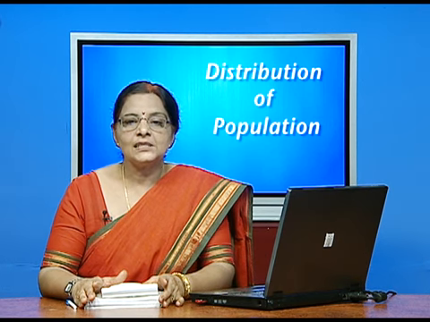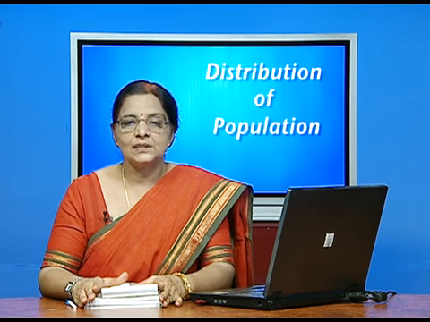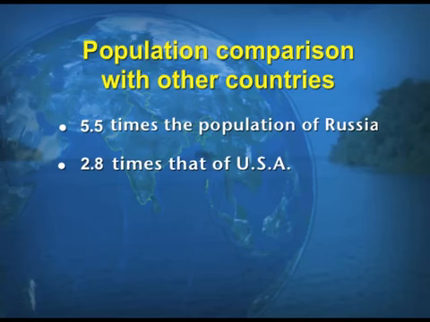Now, here is a comparison of India's population with other countries. Look at the screens, children, and you will find the numbers. India's population is 5.5 times more than that of Russia. And if we compare with the USA, it is 2.8 times more than that.